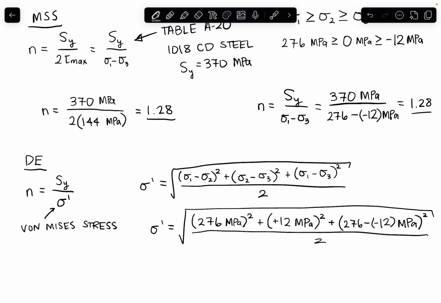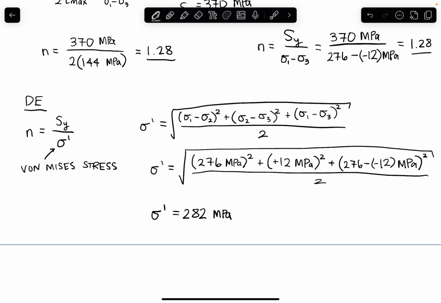All right, and then all of that divided by 2, and take the square root. Okay, so I got 282 megapascals for my von Mises stress.